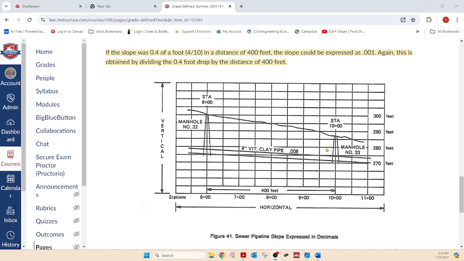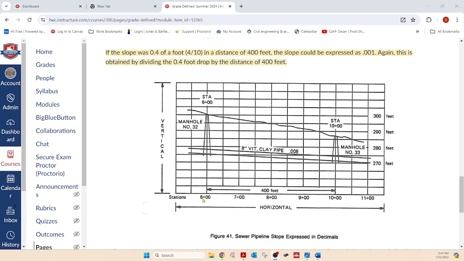Okay, so from this station to this station is the focus of our attention for the pipe, and they already got it kind of shown here from station 6.00, which is 600, to station 10 plus 00, which is 1,000. Did I say 6.00?